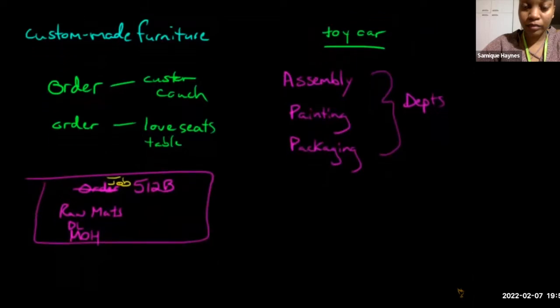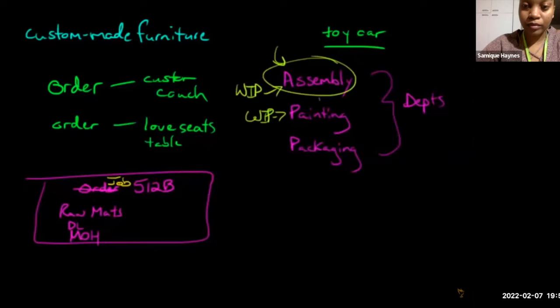The idea is when we requisition materials or apply labor, it gets put into this assembly account, right? We requisition some materials that we need to assemble. They go into this assembly account, and it's going to be a WIP account just for assembly. And then we're going to have a WIP account, and by WIP I mean work in process, just for painting.